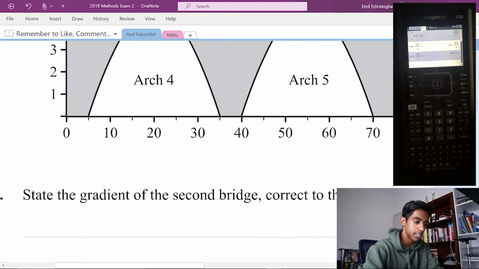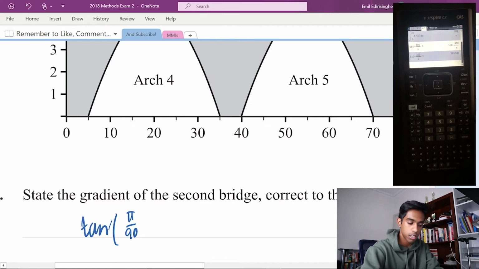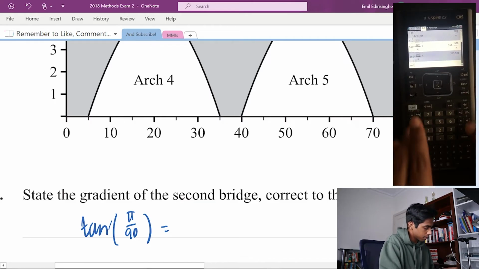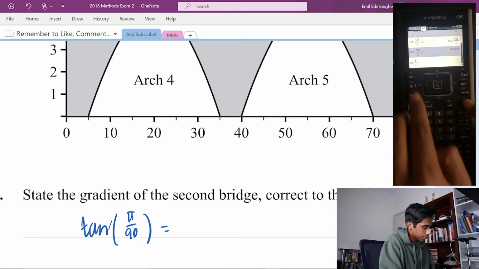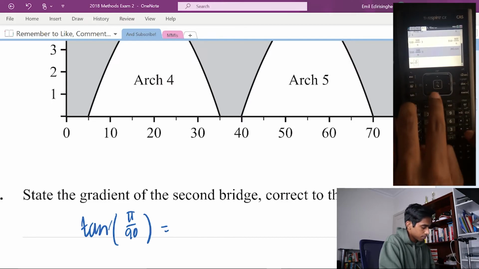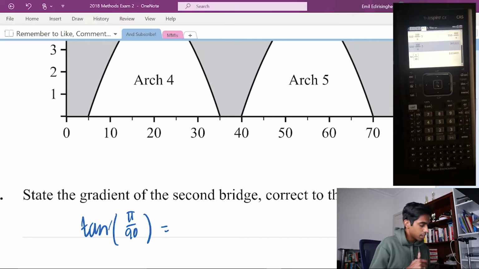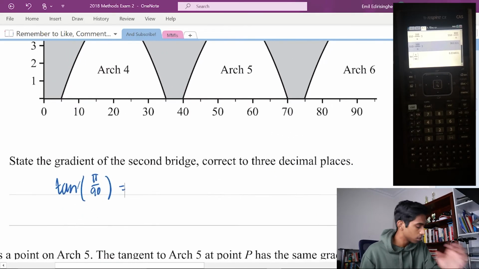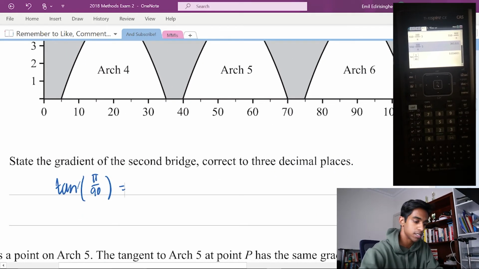So we get tan of pi on 90, and that is equal to 0.035, correct to 3 decimal places. Yeah, that's right. So 0.035.